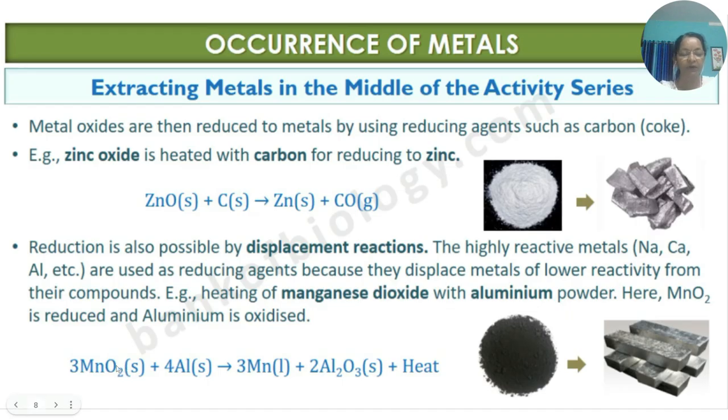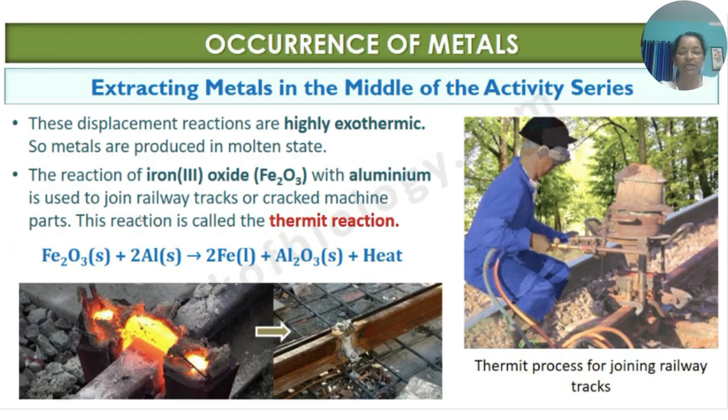The example given here: from manganese dioxide we can get the metal manganese by reacting it with a more reactive metal, aluminium. We get the metal manganese and aluminium oxide, along with the liberation of heat. Of course, displacement reactions are exothermic, we know. And there is an application for this displacement reaction.